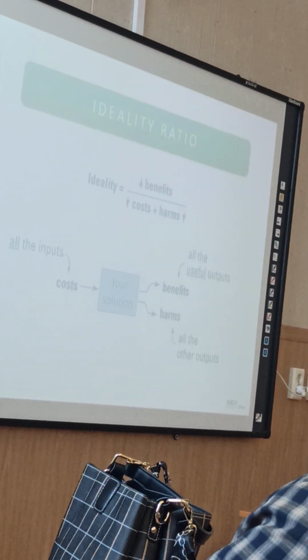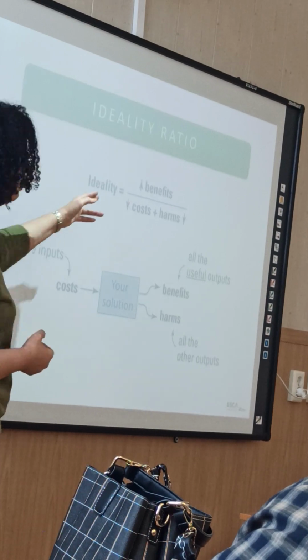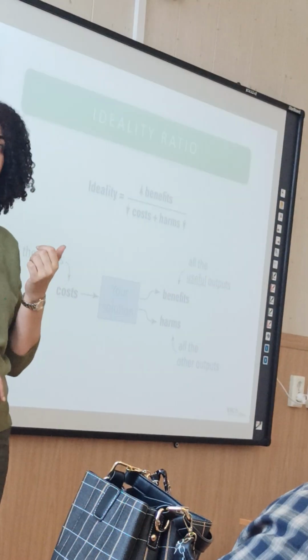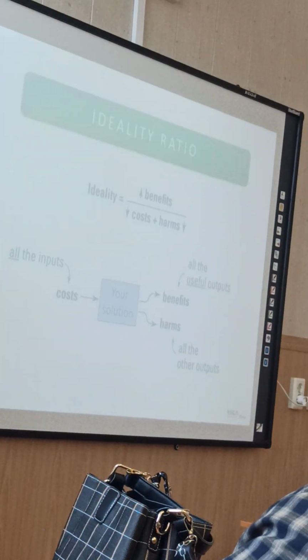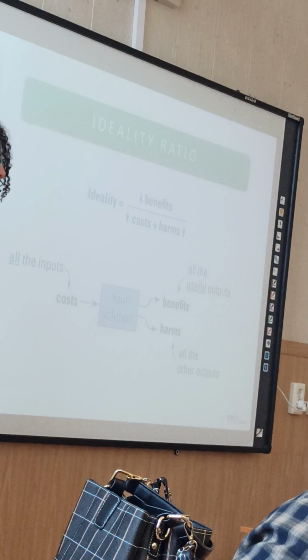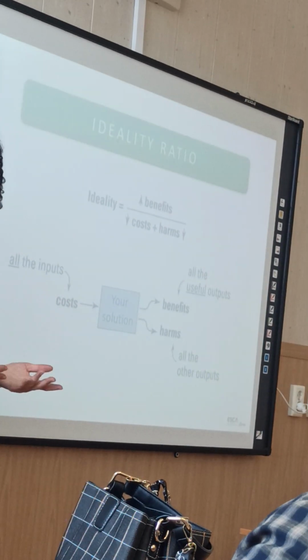There is a benefit to the antibiotic, right? The lower fever. But there is a cost, which is the money you pay for the antibiotic. And the harm is maybe stomach issues, or diarrhea that goes with the antibiotic. Okay? You need to measure benefits on one side, costs and harms on the other side, and see the balance.